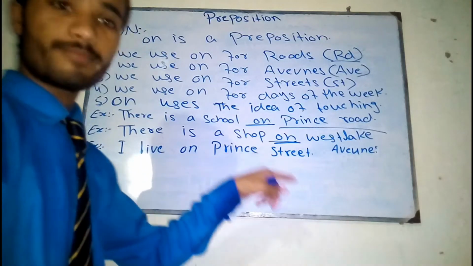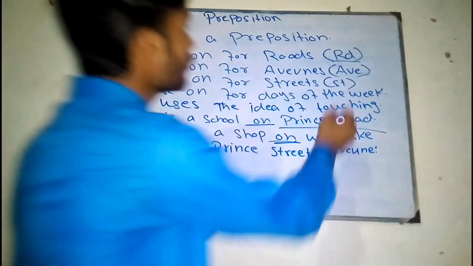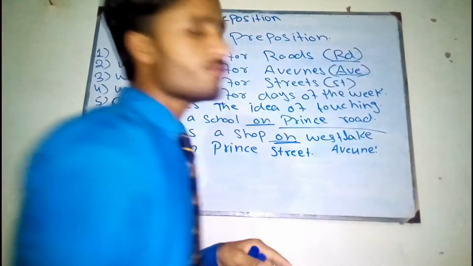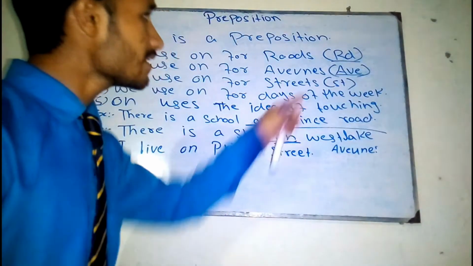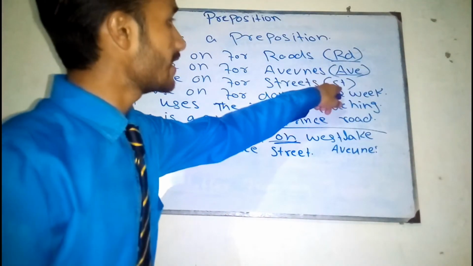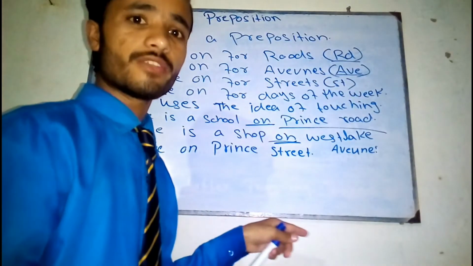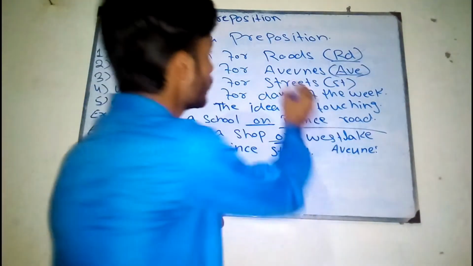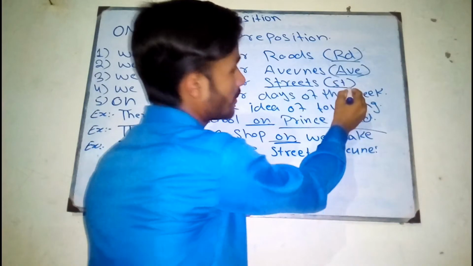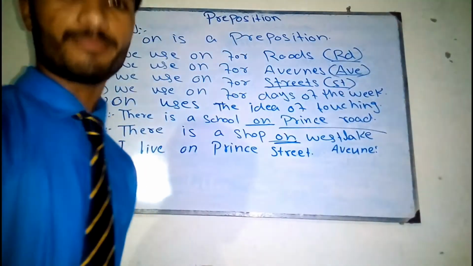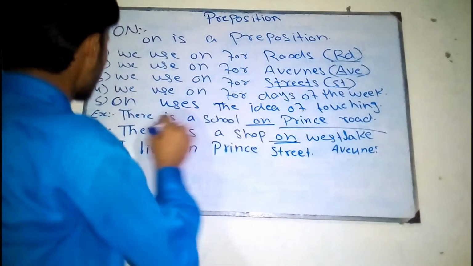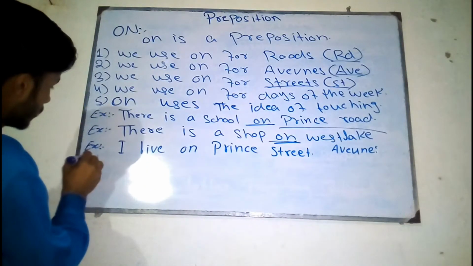I live on Prince Street. Is this clear? Here I used AVE. Why did I use it? Because it is the abbreviation of avenue, and ST is the abbreviation of street. Whether we use the full word or the abbreviation, it doesn't matter. Both have the same meaning. Is this clear?